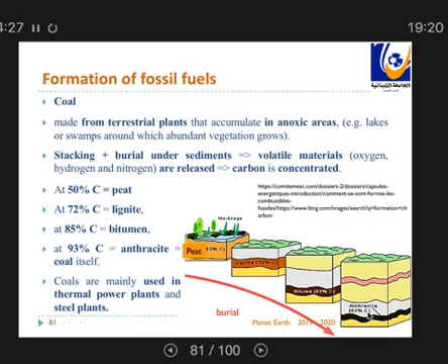Now, coal was heavily used since the Industrial Revolution and is still used in some countries, mainly in China, for thermal power plants and steel plants.